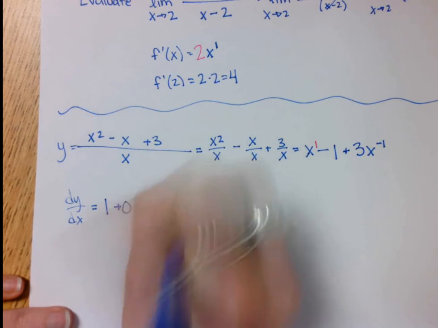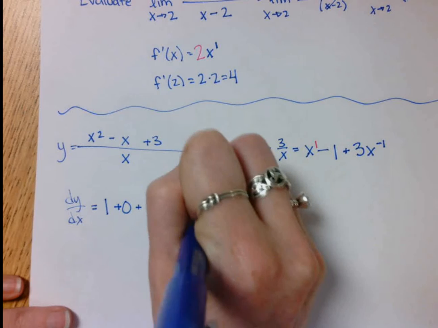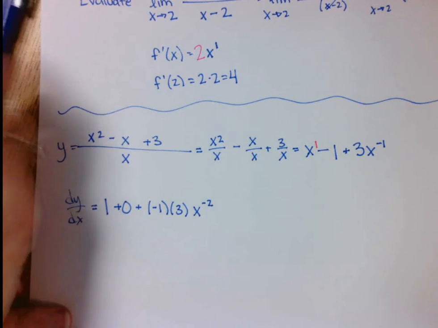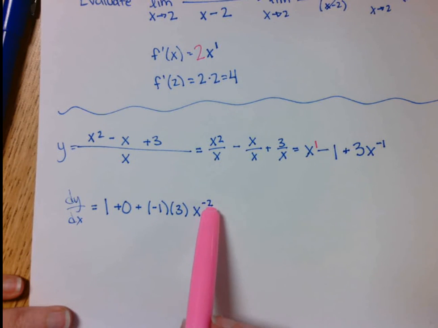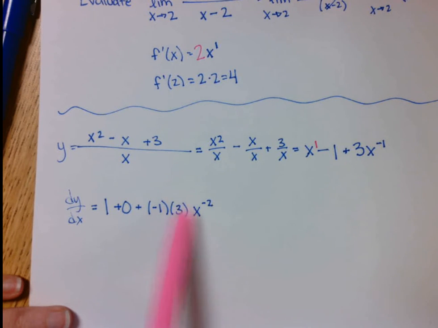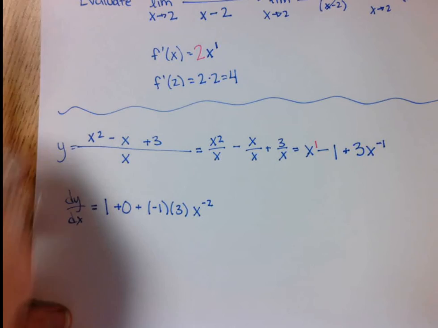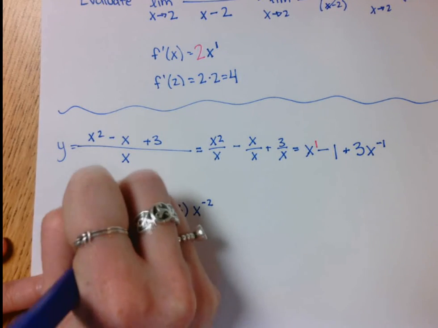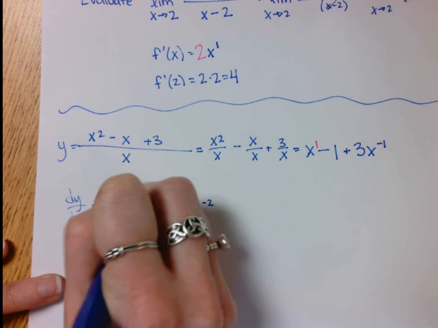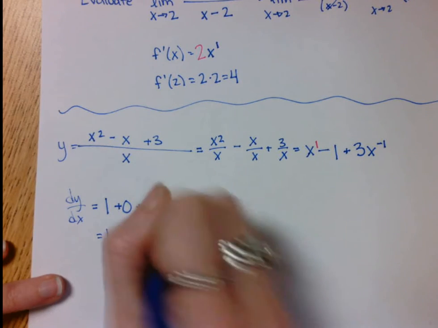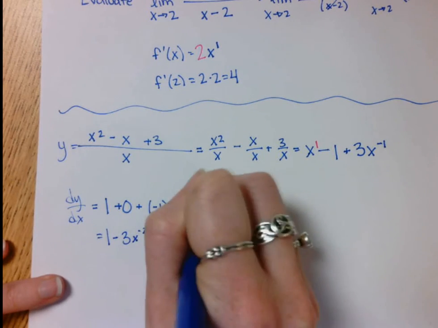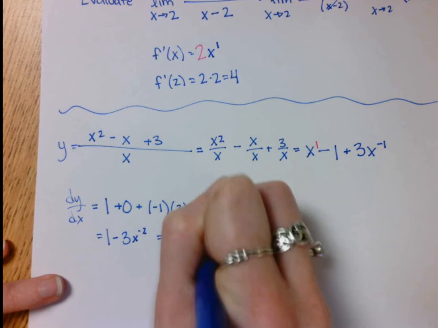So negative 3x to the negative second. That negative 1 came into the front, I subtracted an additional 1 from here, so it became a negative 2. And we keep that 3 there for multiplication. So we have 1 minus 3x to the negative 2. If you want to simplify this even more, you could say that's a 3 over x squared.